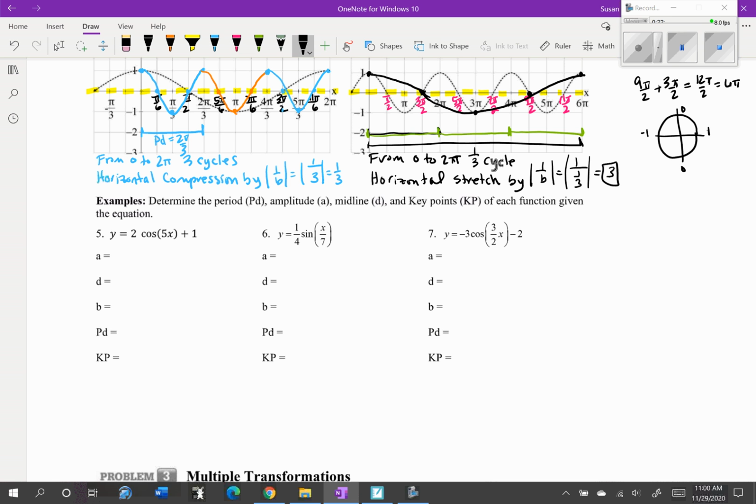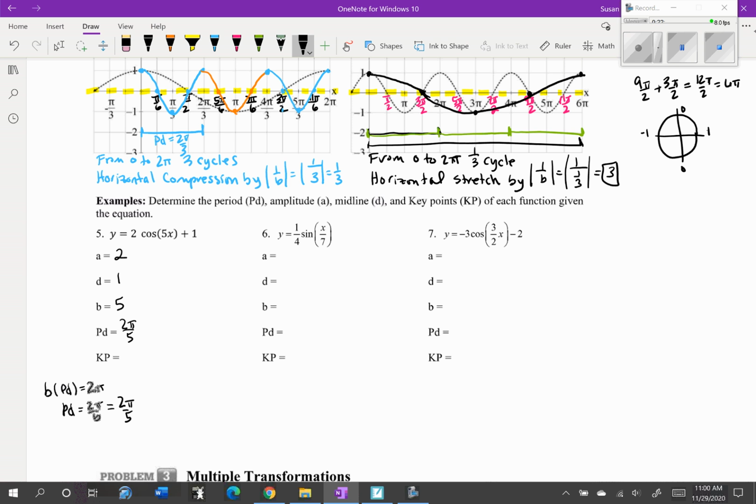So for the first one, our a value is 2, our d value is 1, and b is 5. So the period, remember, b times the period equals 2 pi, so the period is 2 pi over b. In this case, 2 pi over 5.